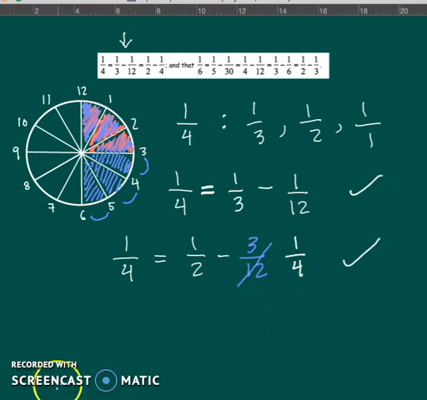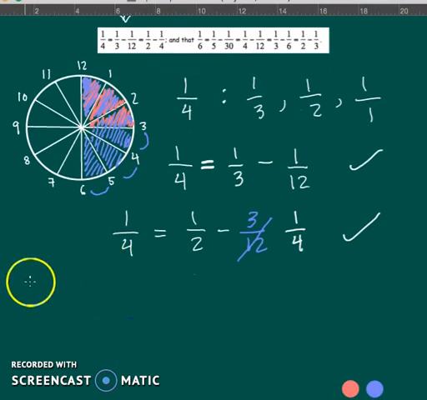Let's see if I'm finding a pattern here. Let's look at the third example that we're given using 1/6. So what unit fractions can we expect to be able to explore here? Well, like I said before, they need to be bigger than 1/6 so that we can subtract 1/6 from them.